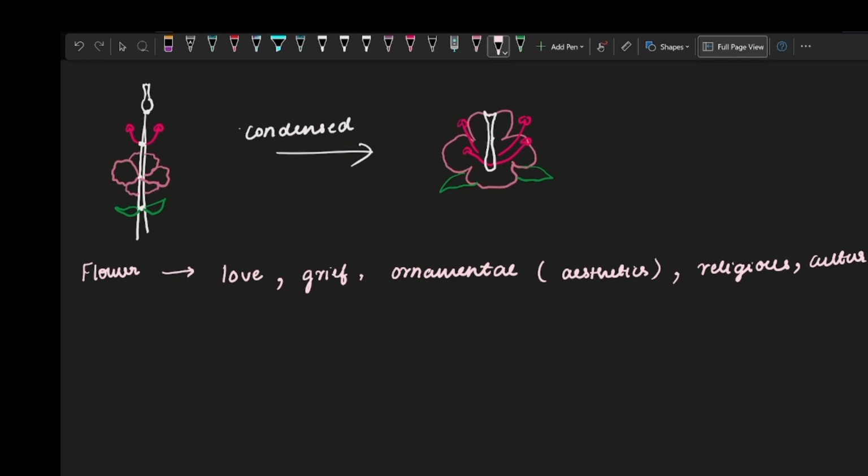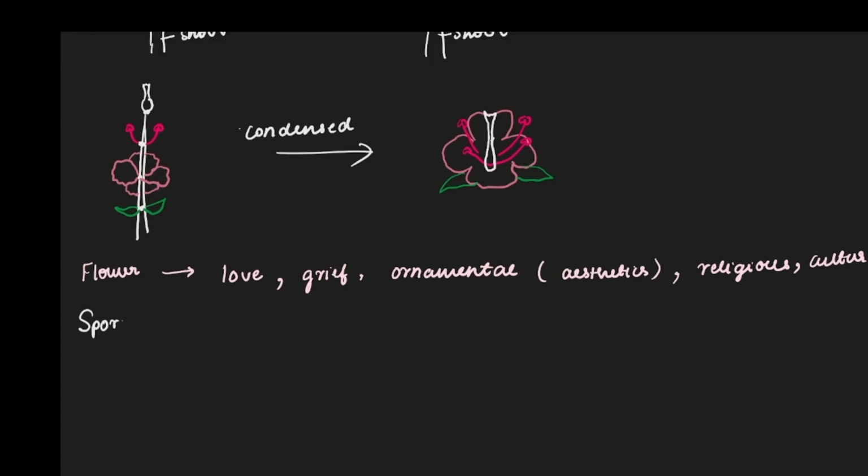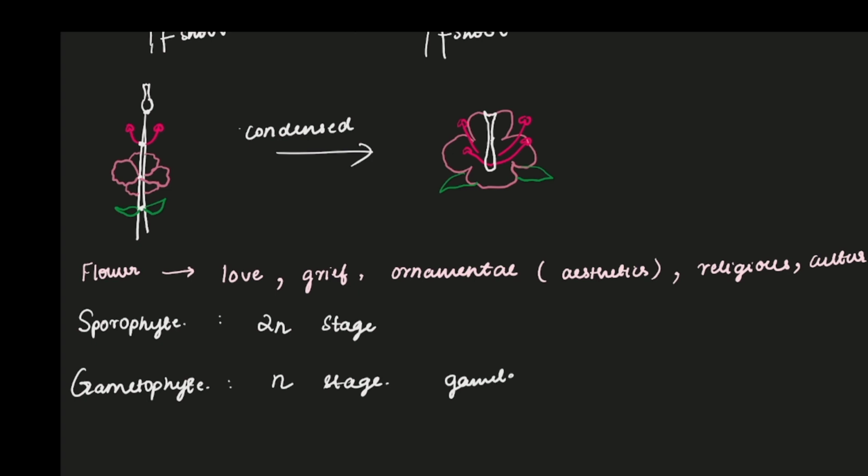Now, one thing that will be important for all of us to know before we actually start this chapter is sporophyte and gametophyte. Sporophyte is the diploid stage, whereas gametophyte is the haploid stage, and this is the gamete producing stage.